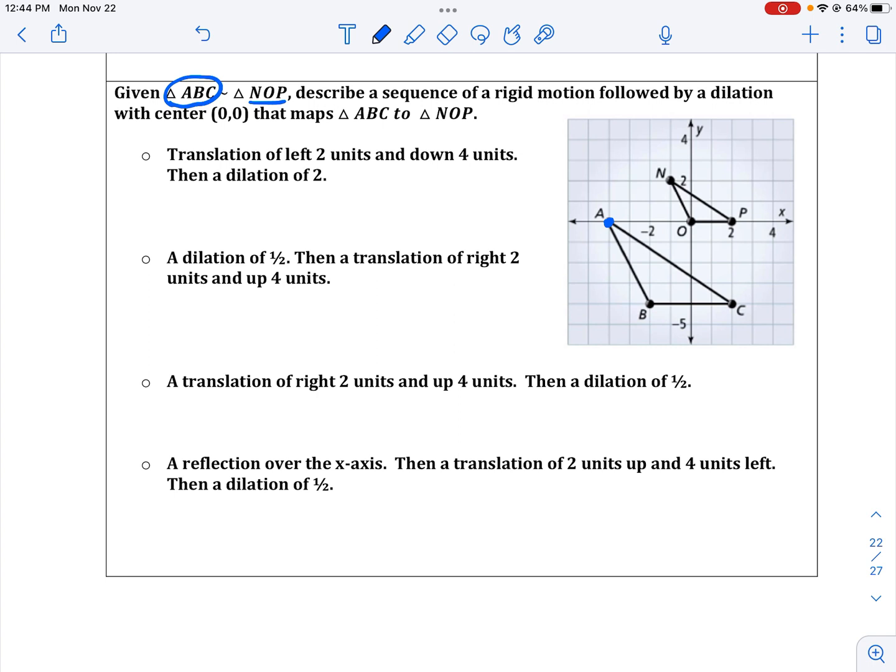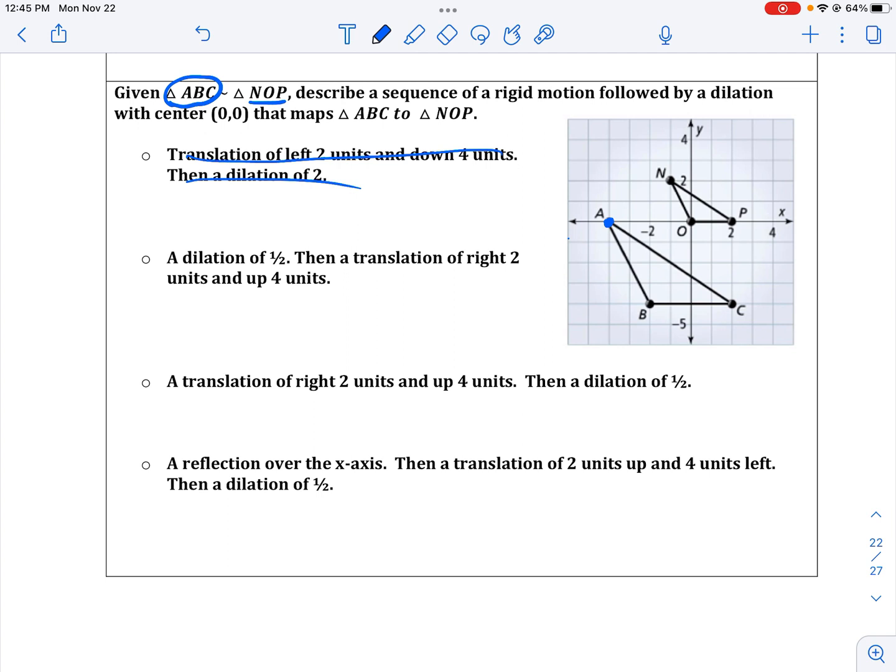and 4 units down gets me right here, and that is the point -6, -4, then a dilation of 2, which means I need to multiply this by 2, so I get -12, -8 as my point, which would be way out here. That is nowhere near point N, which is where I want it to be, so that is not going to be the answer.